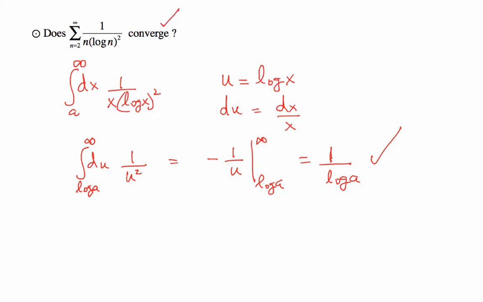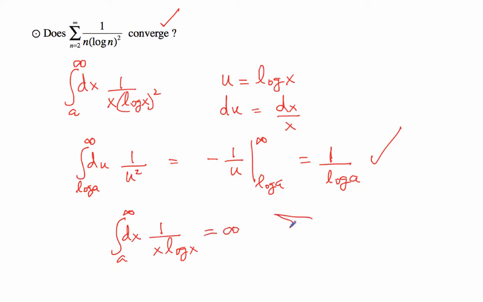But note one thing. If we didn't have log of n squared and had simply log of n, then we wouldn't have the 2 over here, which means we wouldn't have the 2 over here. And so if we did this integral dx 1 over x log x from a to infinity, this would be infinity.